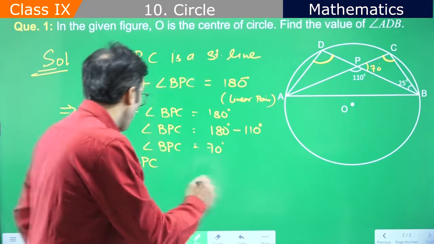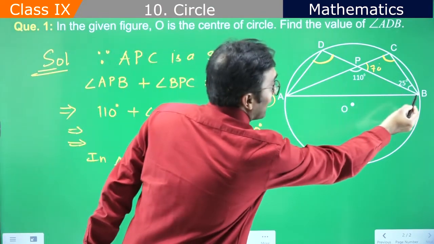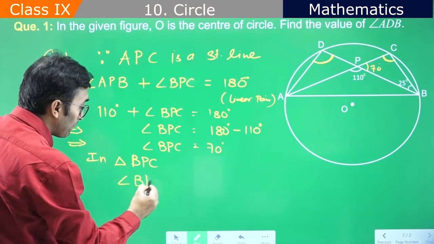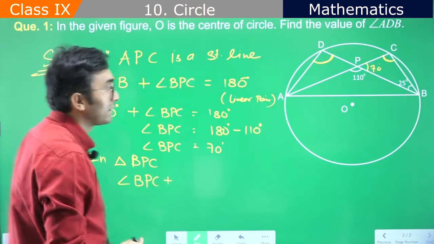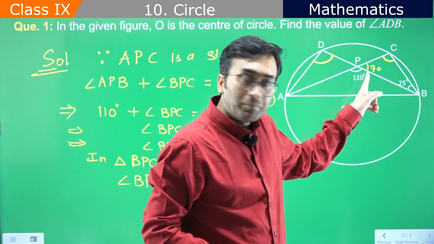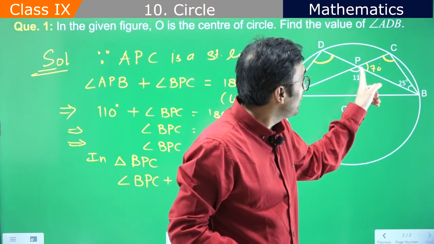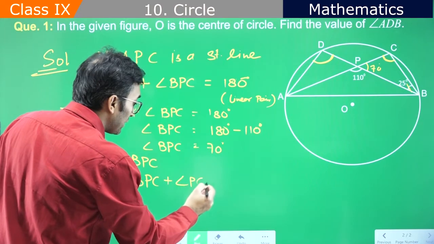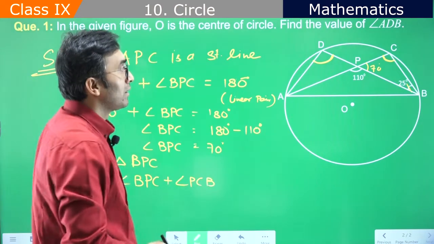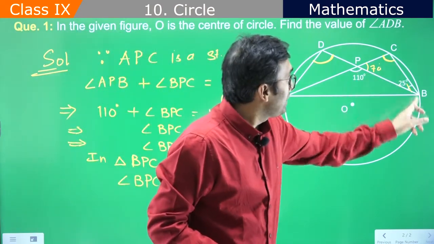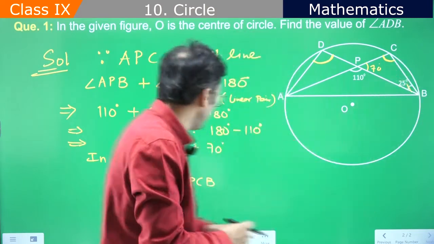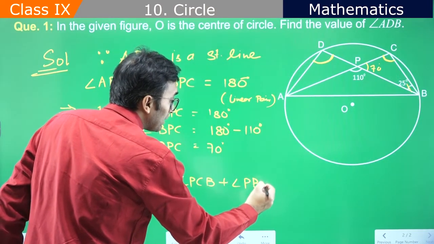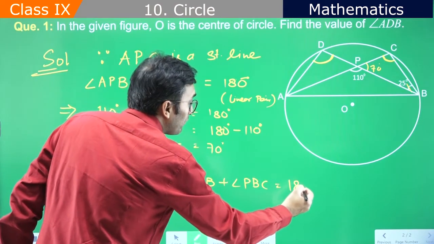So we write angle BPC plus angle PCB plus angle PBC, and that will be 180 degree.